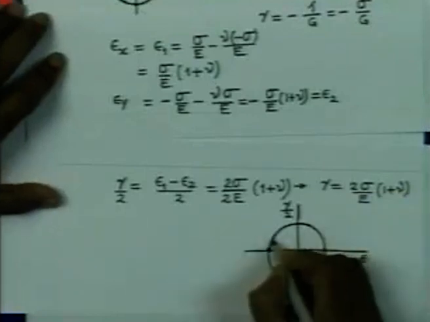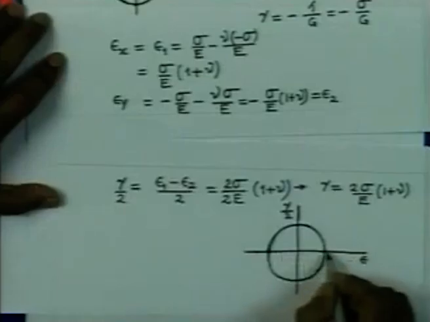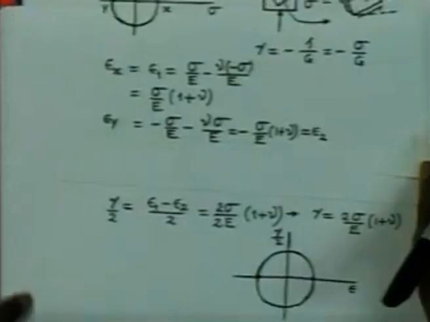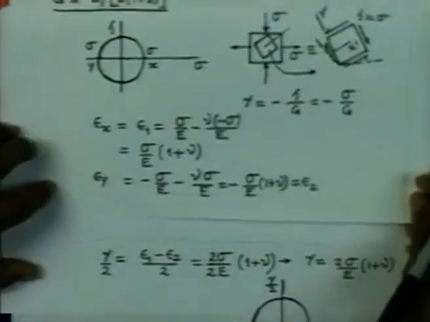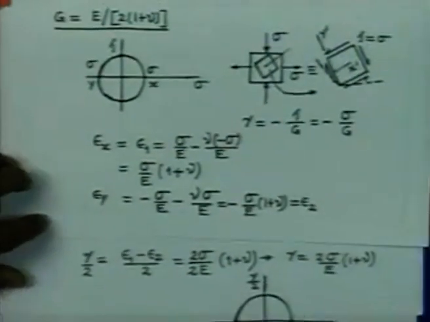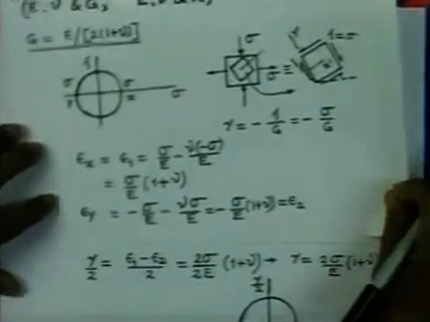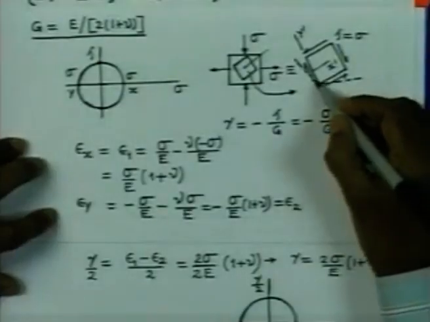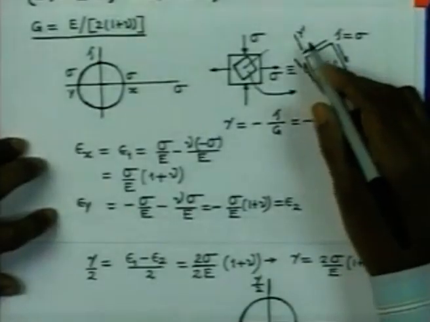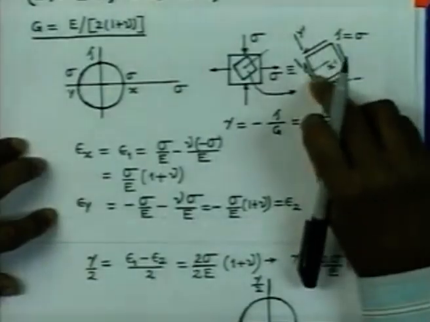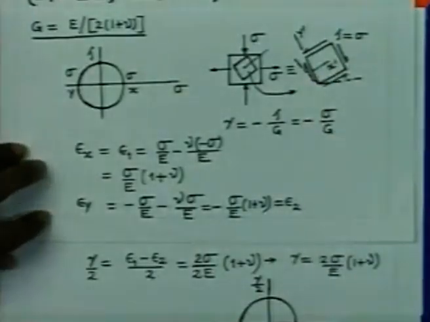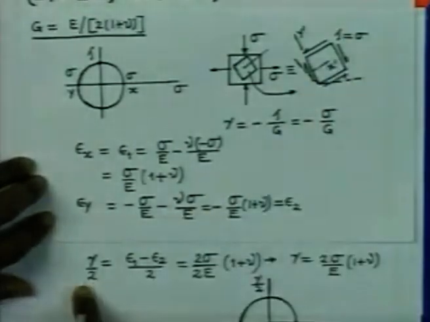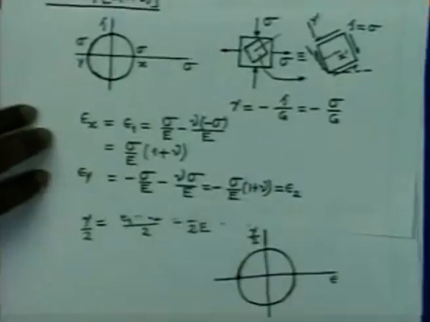Now, I must mention that under the action of this sort of strain, we are going to get an increase in the angle between the two principal directions. So, here this angle between x dash and y dash direction is going to be actually increasing. So, this is again at an angle of 45 degree.